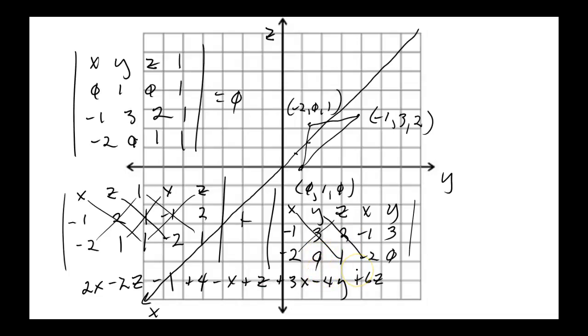And the next one would be 3x minus 4y plus 0 times negative, or plus a negative.